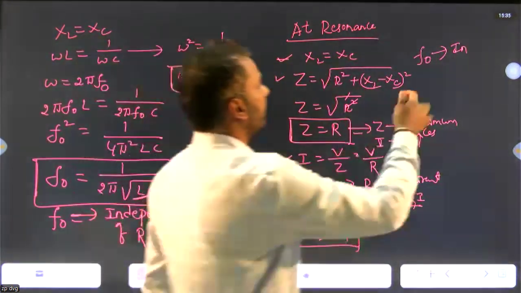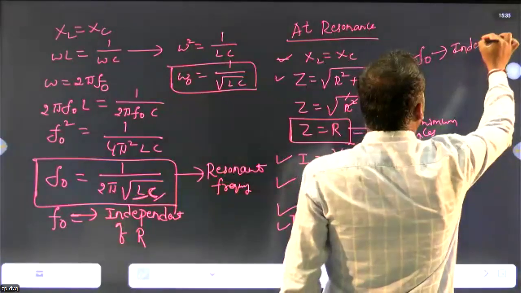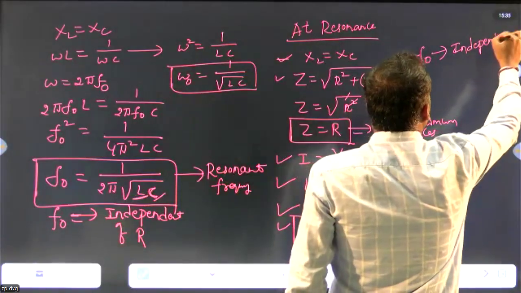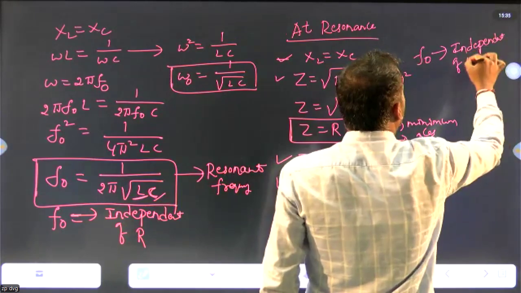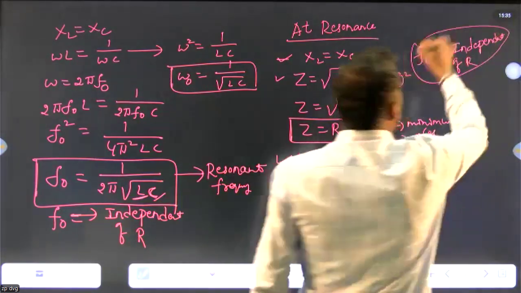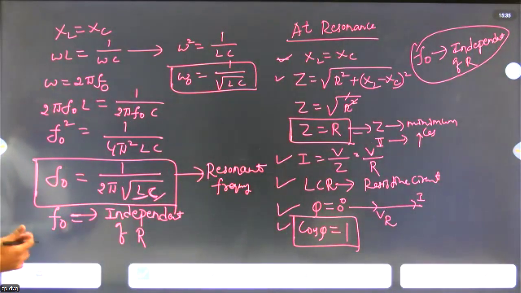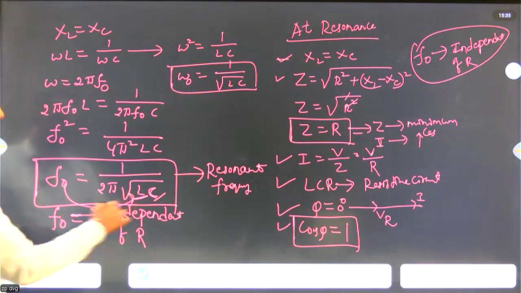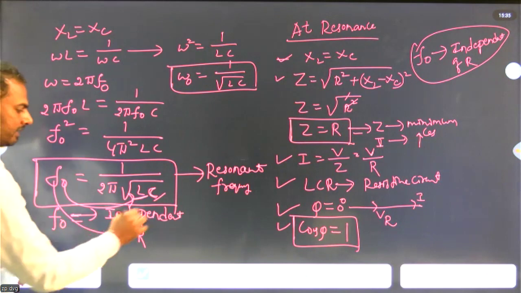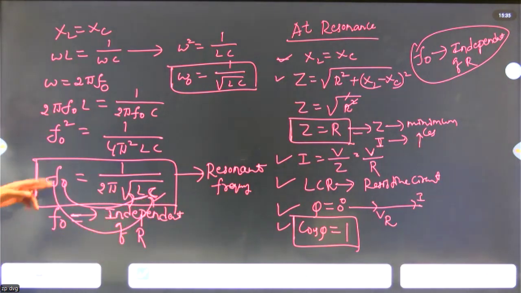Means F naught is independent of R. Because F naught is equal to 1 divided by 2 pi into root LC. F naught depends on inductance of the inductor and capacitance of the capacitor. So F naught is independent of resistance R.